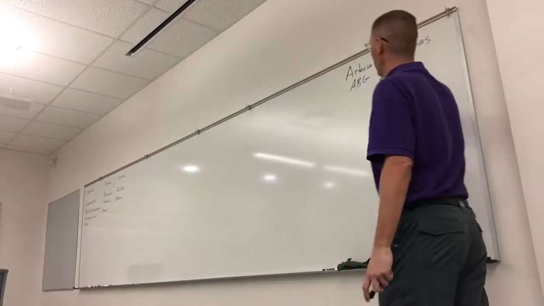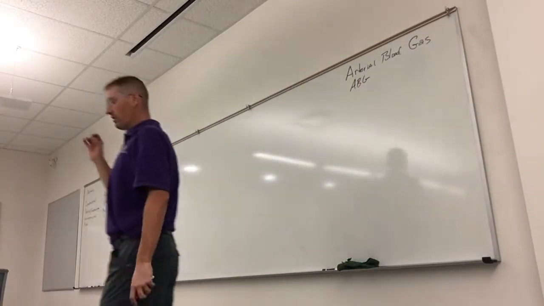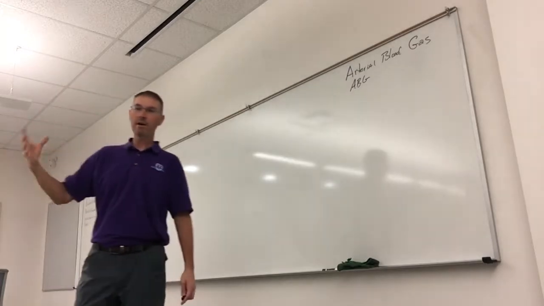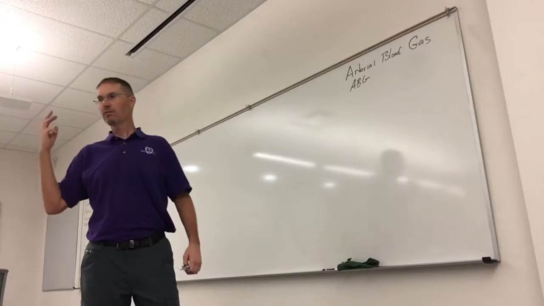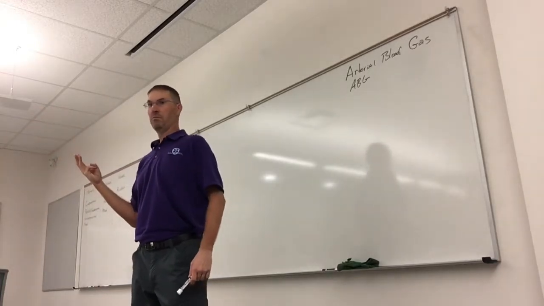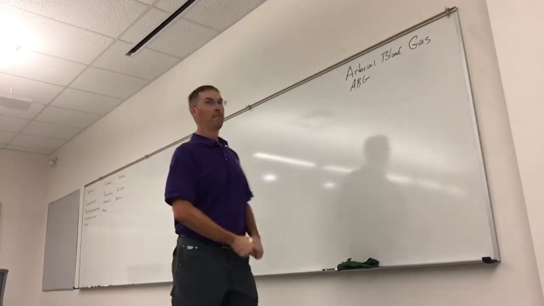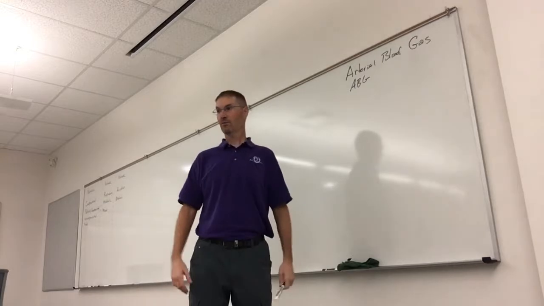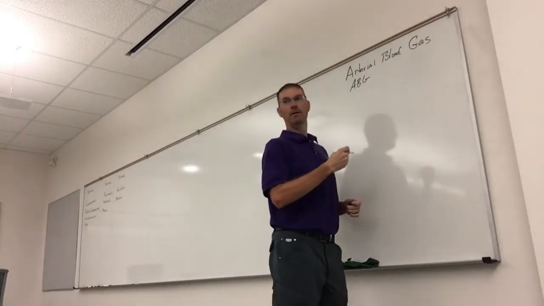We draw a sample of blood from the artery, and then there are things that we measure in that. What do you think the three major things are that we measure in an arterial blood gas? Based on the three things we talked about earlier. We're talking about acid-base balance, so what are the three major things? CO2. Good.